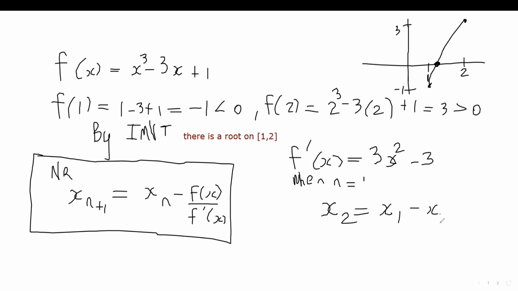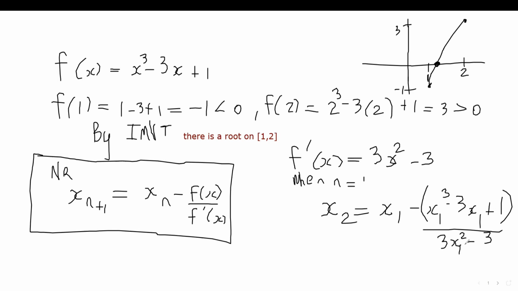This is going to be x1 cubed minus 3 times x1 plus 1. Put a bracket to show all of this is being subtracted, divided by f prime, so it's 3x1 squared minus 3.